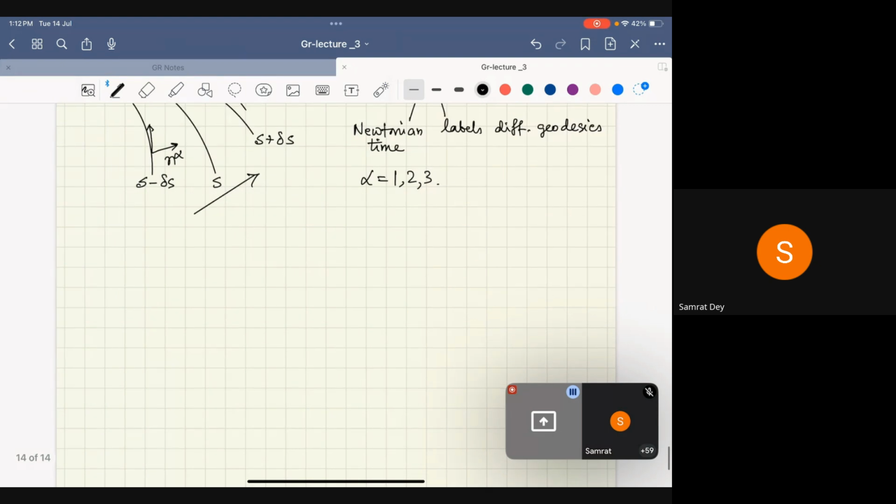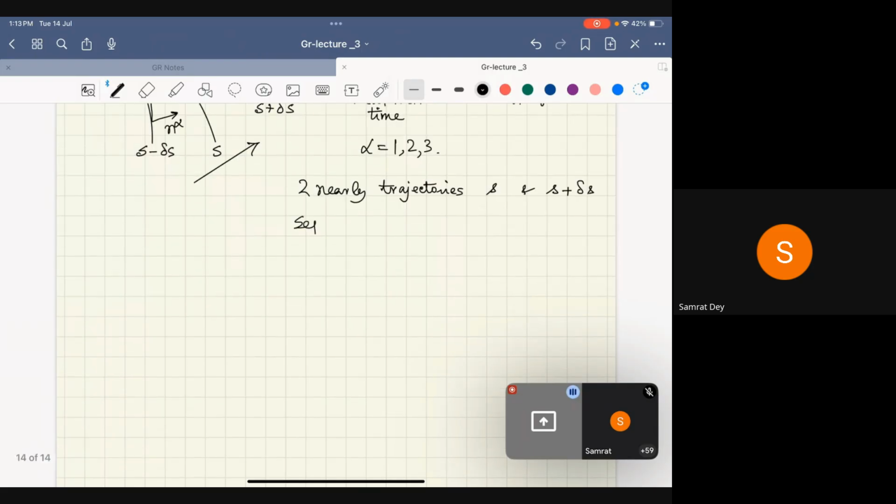If we take two nearby trajectories, think of these balls that I have dropped in the lift, say s and s plus delta s, their separation vector will be denoted by n^alpha(t) equal to partial x^alpha(t, s) over partial s. This is the definition of the separation vector that we are going to use.